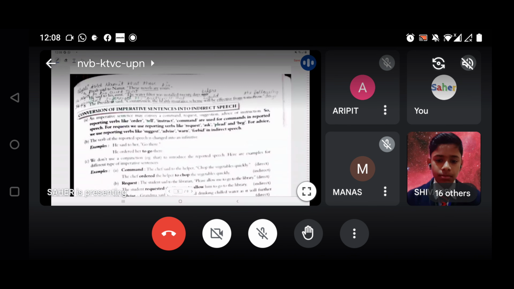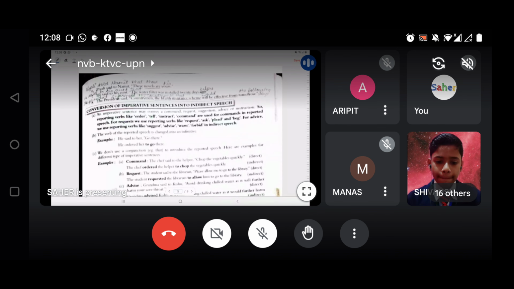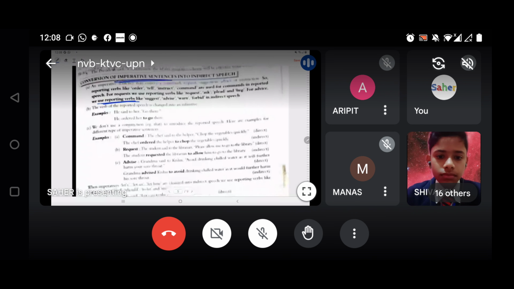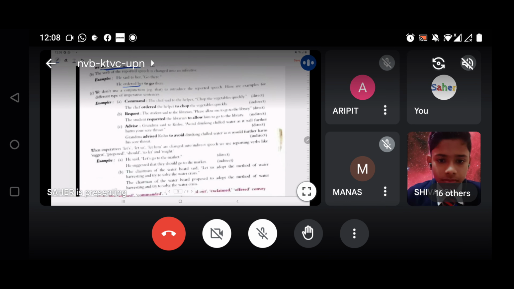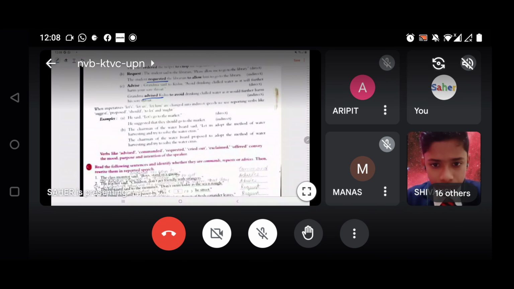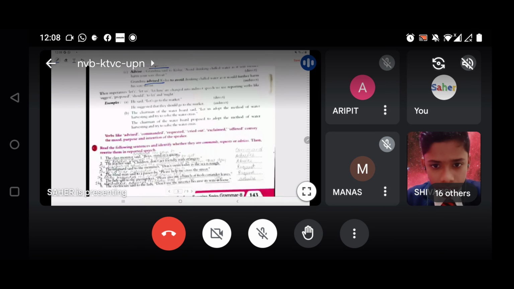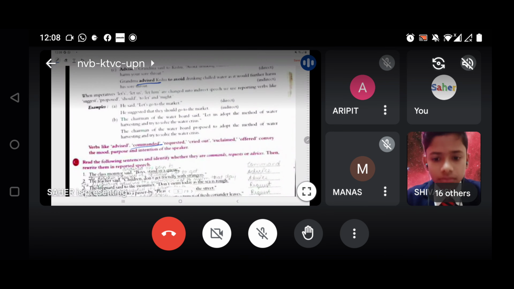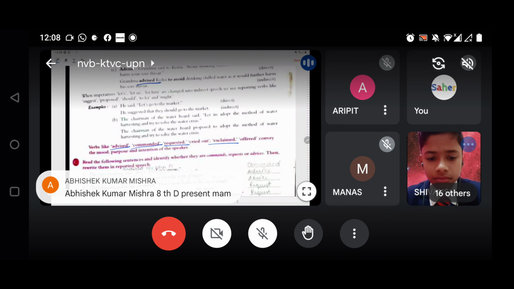And now only 2 minutes are left, and we will do this conversion of imperative sentences later on, because imperative sentences have different kinds of reporting verbs, okay. For example, ordered, requested, advised, commanded, cried out, exclaimed, offered, conveyed, okay.